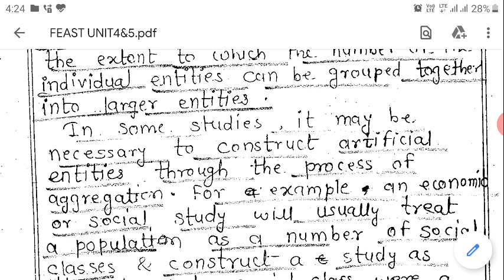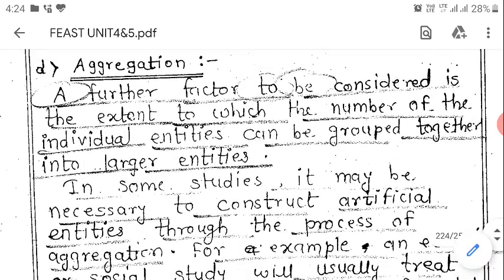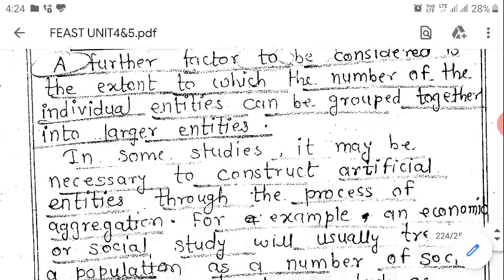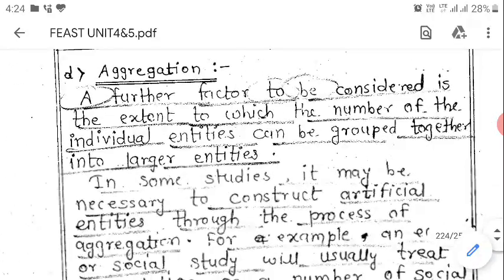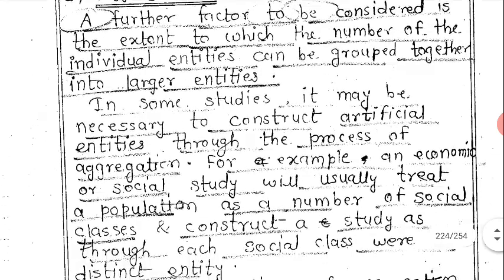Then we go for grouping of such similar entities. That means aggregation of the entities to make the system simple.